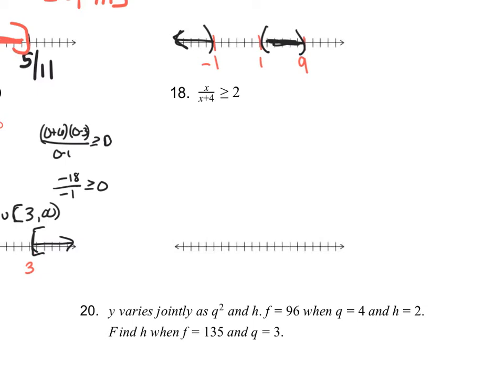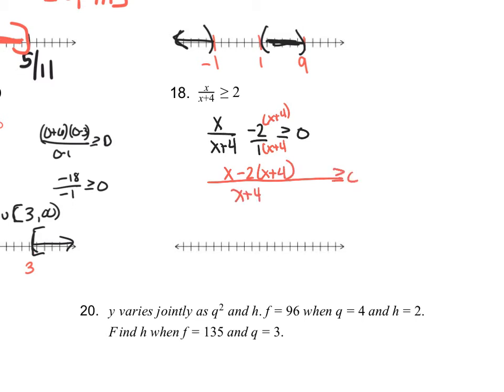18, I'm going to minus the 2 first, so x over x plus 4 minus 2 is greater than or equal to 0. I'm going to put a 1 underneath and get common denominators. So now on the top I have x minus 2 times x plus 4 over x plus 4 is greater than or equal to 0. That becomes x minus 2x minus 8 over x plus 4 is greater than or equal to 0.